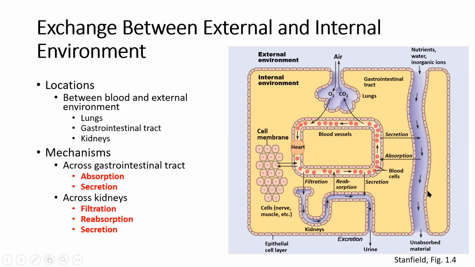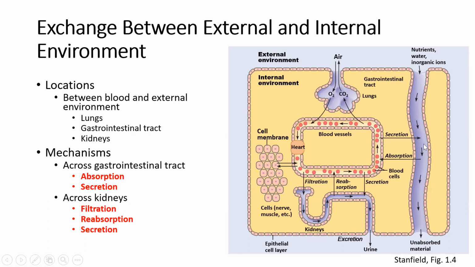Okay, and think about urine, think about GI waste products as some of those secretory products. Mucus as well, which helps to lubricate the GI tract. So absorption is going in one direction and secretion is going in the opposite direction, from internal to external.